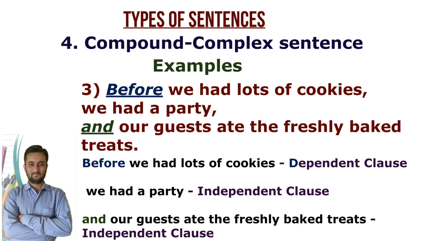And third part, and our guest ate the freshly baked treats. Here this sentence is started with the coordinating conjunction word and. So here also one word before is a subordinating conjunction word and and is a coordinating conjunction word. So that's why this sentence is called compound complex sentence.